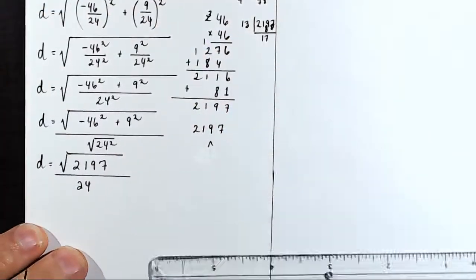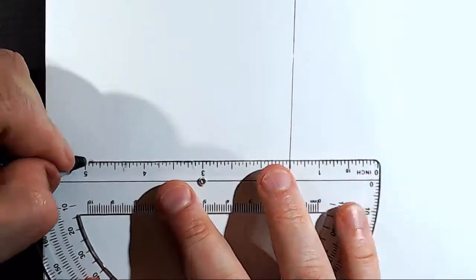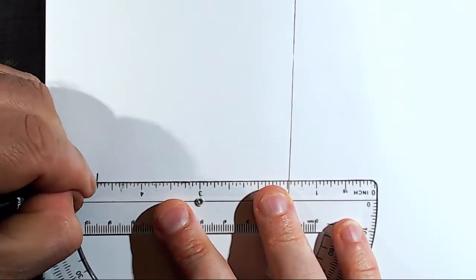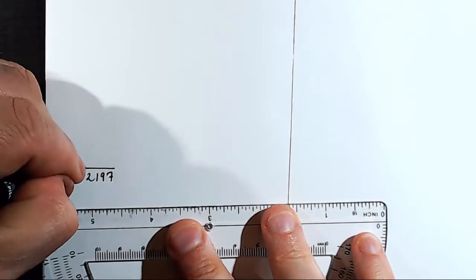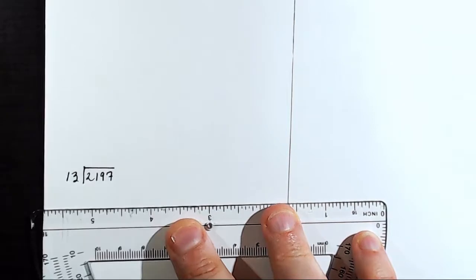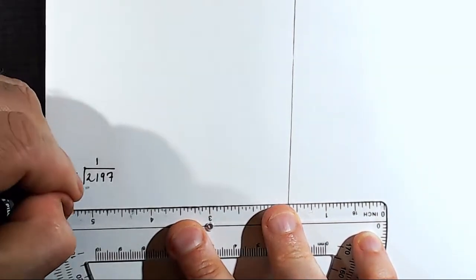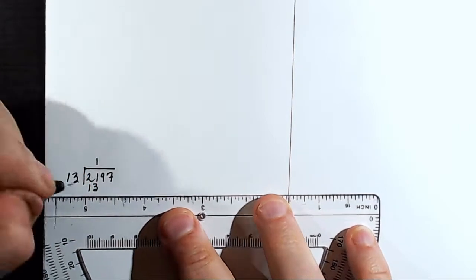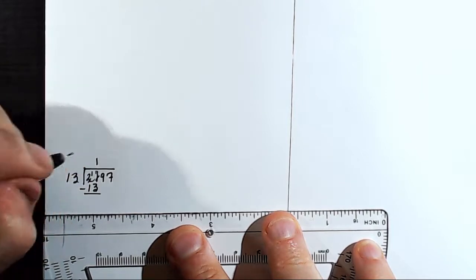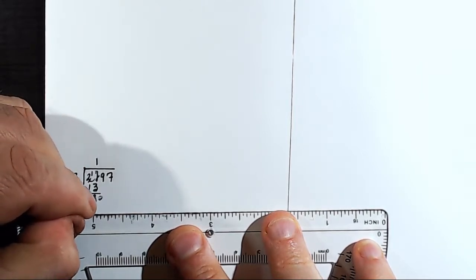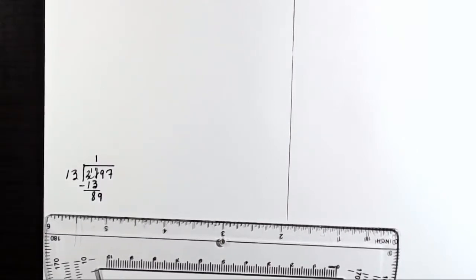I'm going to try this again down here. 2197 divided by 13. So 13 goes into 21 one time. 1 times 13 is 13. This is 8 and 89. 13 goes into 89.